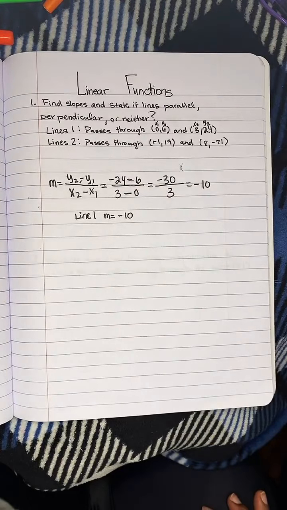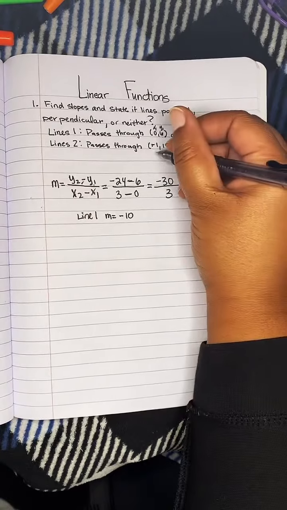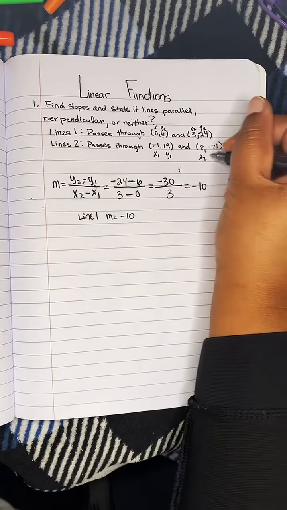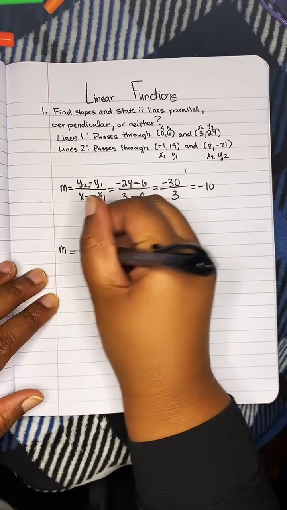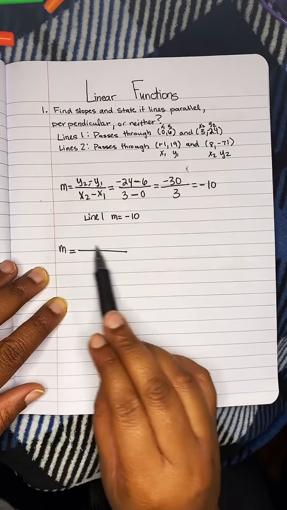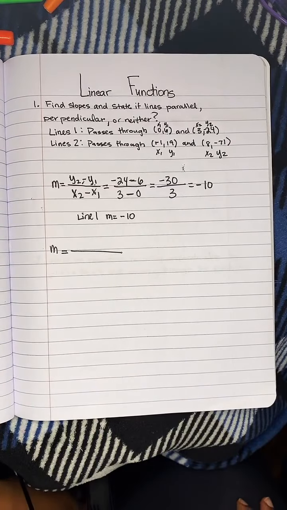All right, perfect. Now let's find our slope for line 2. So we have an x1, y1, x2, y2. Okay, so I'm going to set this up. m equals. Can somebody in the chat give us our first? What's the top going to look like? Does anybody know?